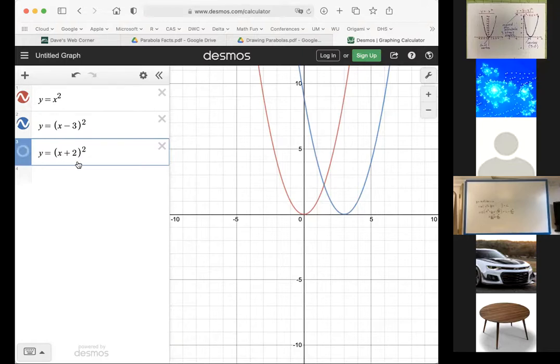Notice I turned it off before it drew itself. But if subtracting 3 moves me 3 steps to the right, you'd be willing to bet all the money in your wallet right now that adding 2 moves me 2 steps to the left.